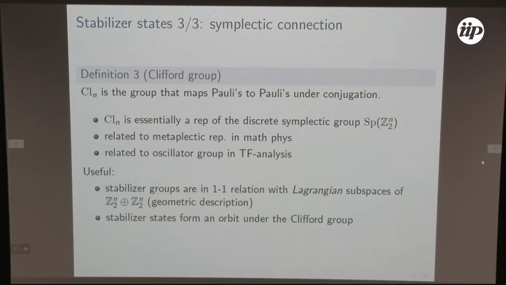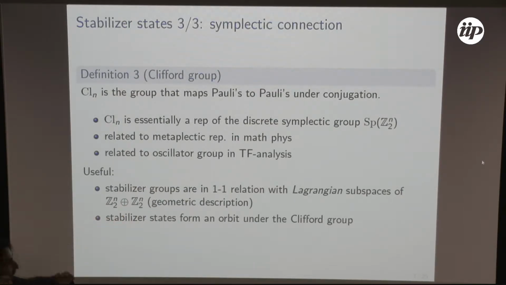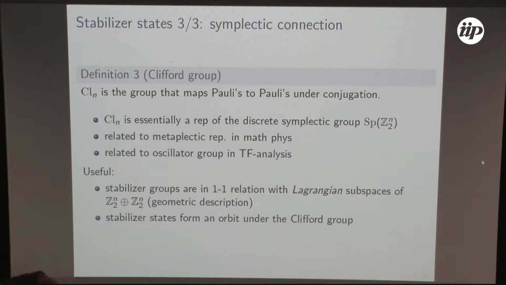Here's a couple of useful facts. The stabilizer states introduced in the last slide are in a one-to-one relation with Lagrangian subspaces of discrete phase space. You can discretize phase space, and it's just a finite field vector space, and you can label each Pauli matrix by a bit string inside it.